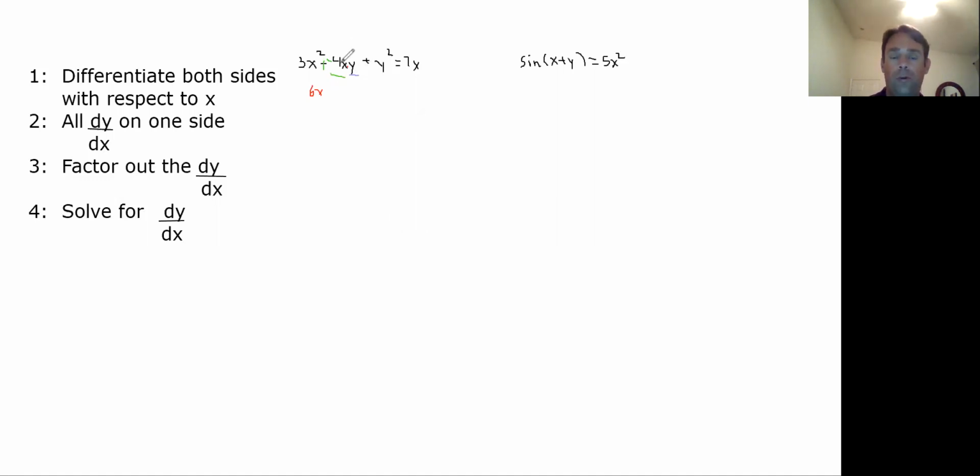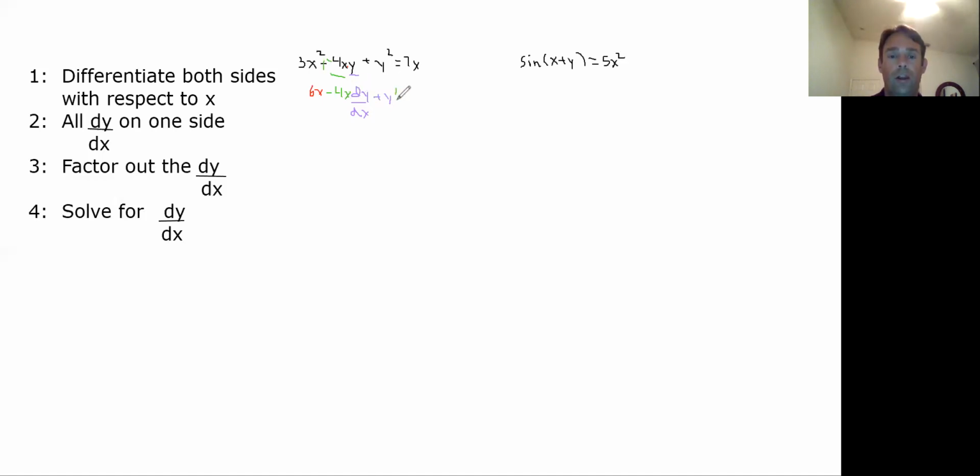Here's my product rule. So first, -4x times y, so times the derivative of the second. So y would be 1 dy dx, plus second, so plus y times the derivative of the first, times the derivative of -4x.